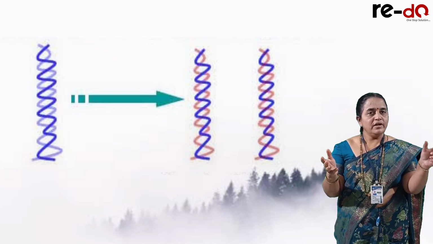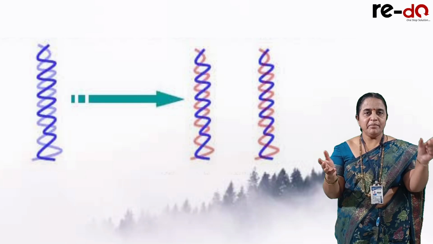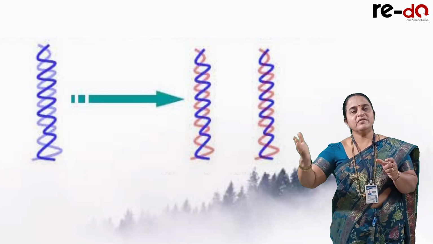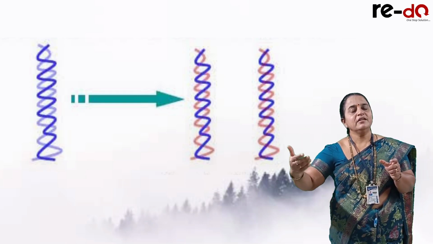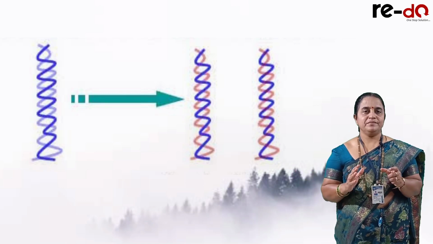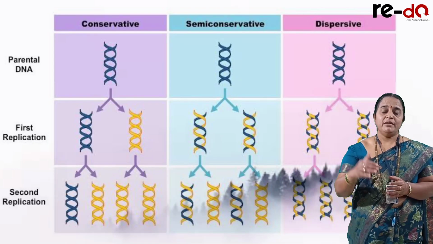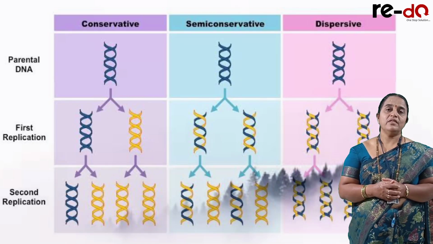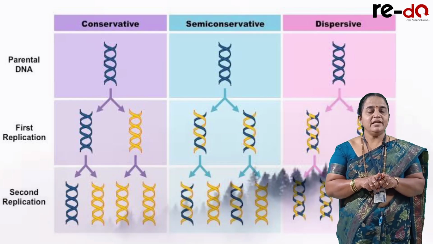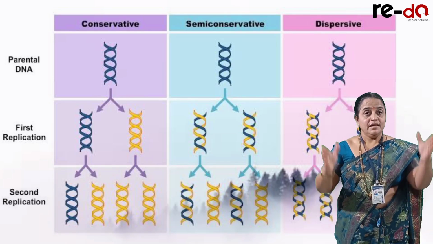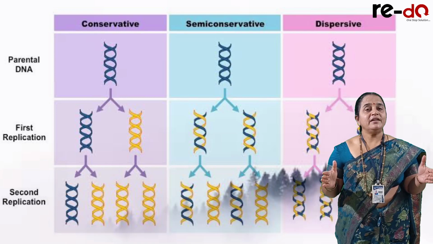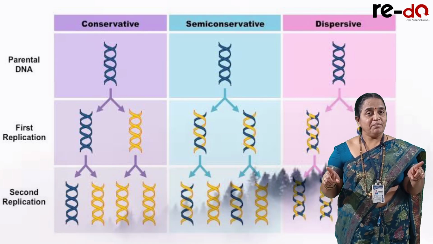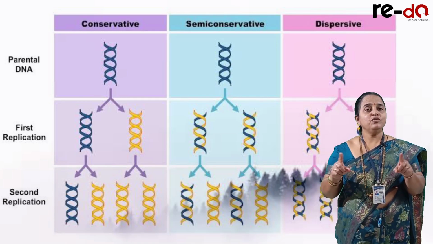Means old DNA, parental DNA remains as it is and it is producing a daughter DNA which is a new DNA molecule. Later, Meselson and Stahl proved that parental DNA unwinds, and each strand of parental DNA acts as a template to synthesize a new strand.